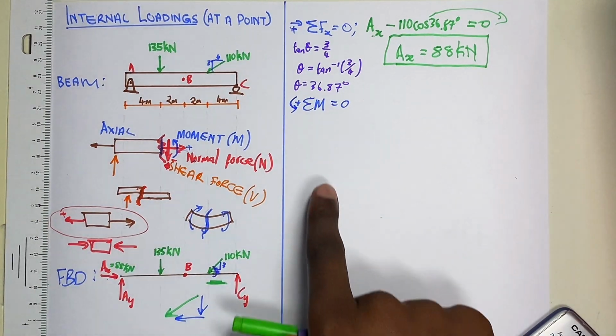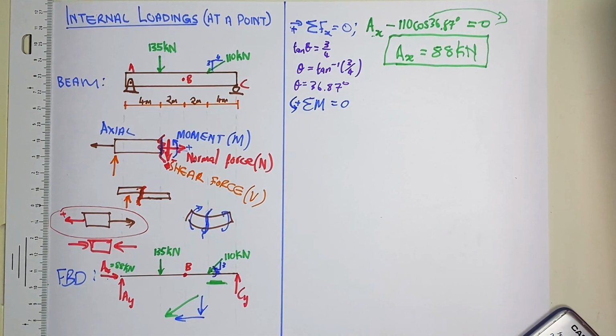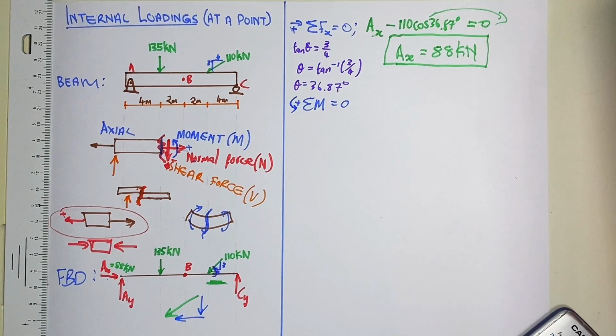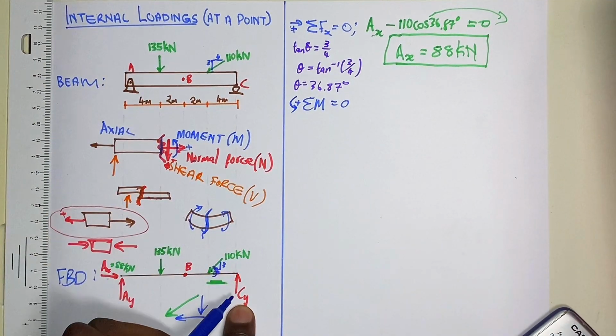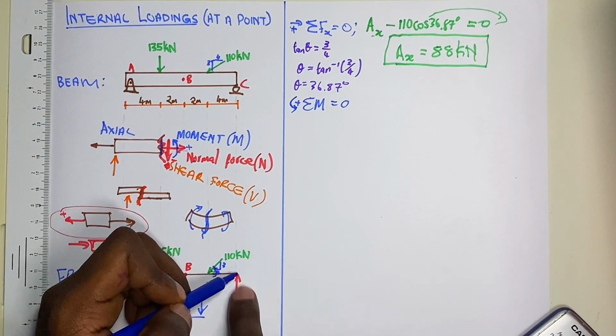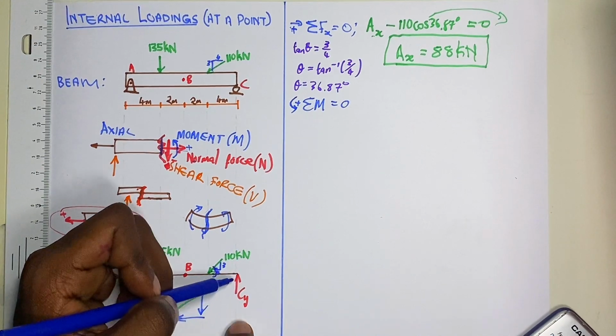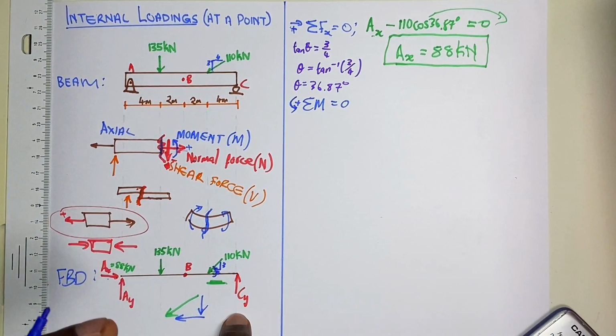Another important thing is that we must choose our reference point, our point of rotation. Which point is that? I have AY and CY that are still my unknowns. If I want to find AY first, I'm going to eliminate CY from the computation. The only way to eliminate CY is by making it our point of rotation, because a force acting across our point of rotation will not cause any moment.